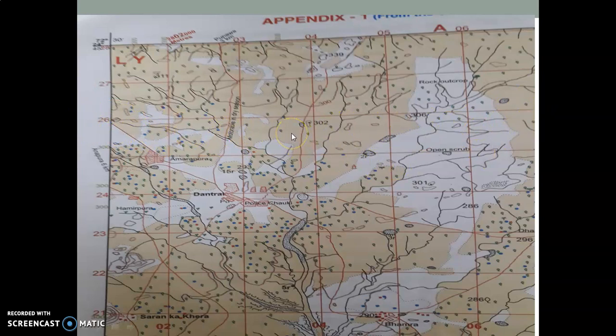Here again yellow color depicts the cultivated area, and white color indicates the uncultivated area. These black lines are seasonal streams, and Dantarai is the name of the settlement. So this is all about the significance of different colors.